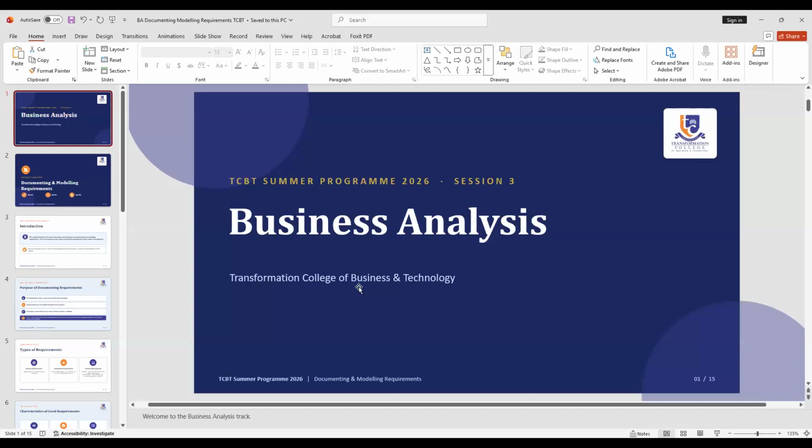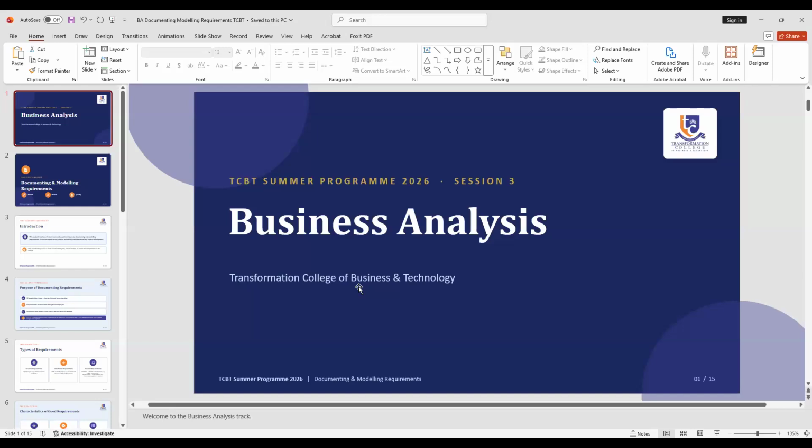As a business analyst, I think one of the most important skill sets we would have would be documenting and modeling requirements. Now, this is very important because it helps us to understand the business needs and put it in clear specifications for stakeholders, for designers, for developers, for testers, and even the management to understand and also act on.